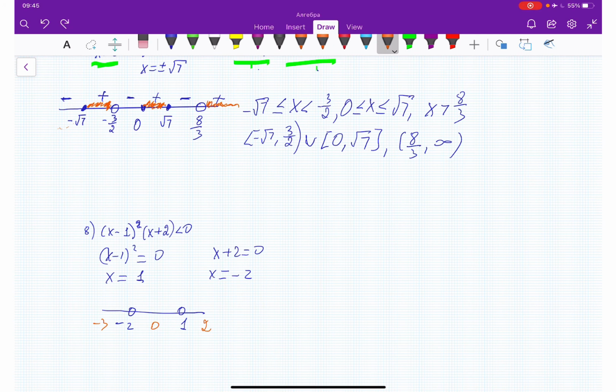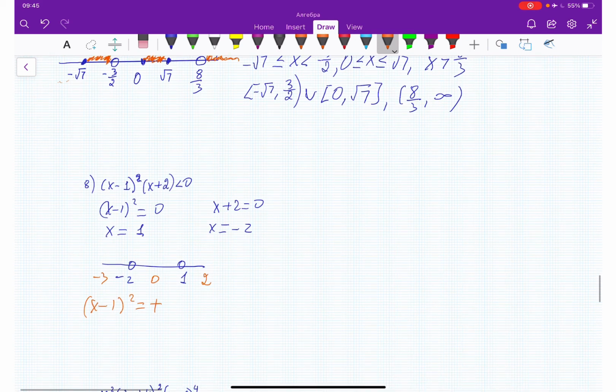So for negative 3, x minus 1 squared is always going to be positive. Okay, x plus 2 when x is equal to negative 3, it's going to be negative, right? So positive times negative is going to be negative.